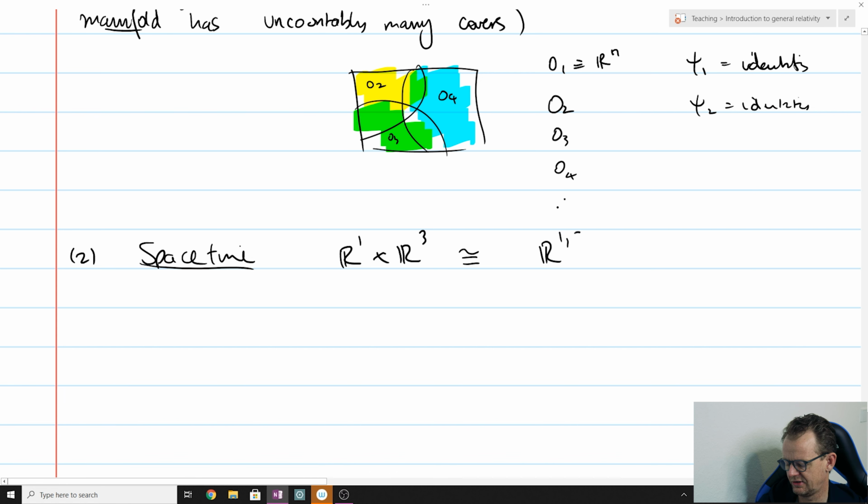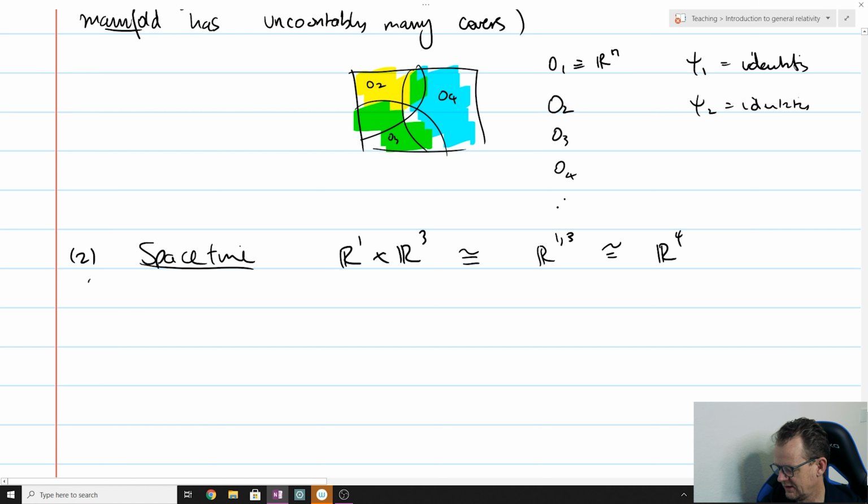And we often distinguish the temporal axis by writing space-time as R superscript 1, 3, just to emphasize that one of them is time, one not. But as a set, and even as a manifold, but not with a metric, these sets are just equivalent to R4, which is already a manifold.